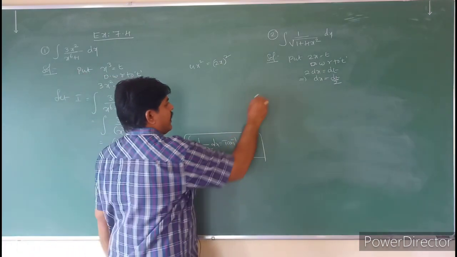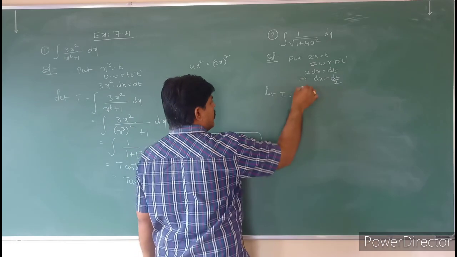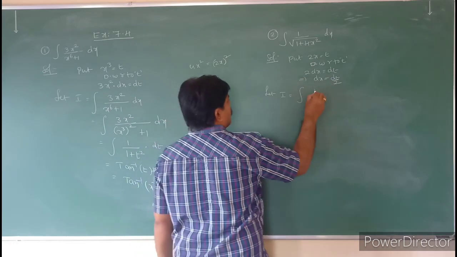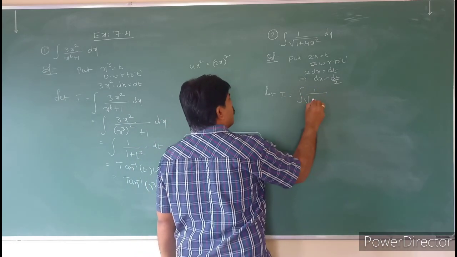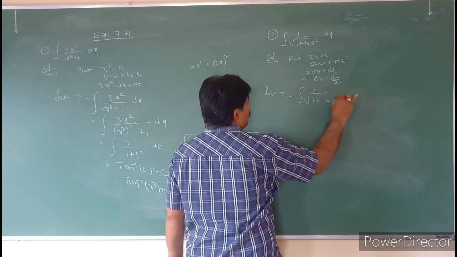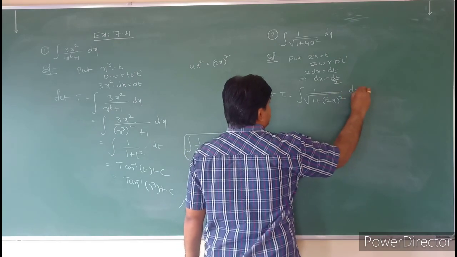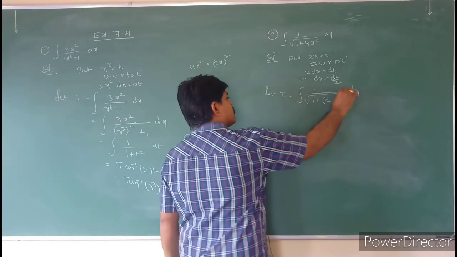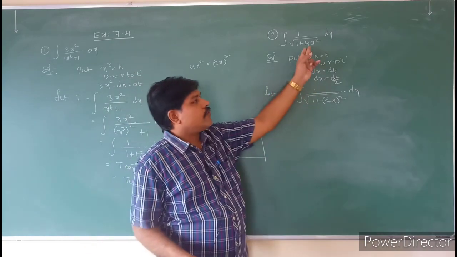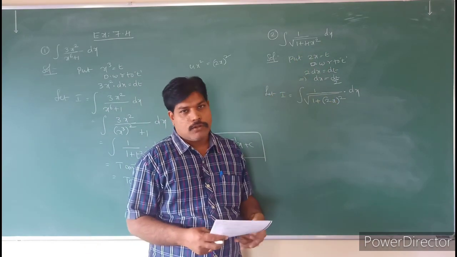So take the problem. Let I is equal to integral 1 by root of 1 plus 4x square, which can be written as 2x whole square, into dx. So see students, this 4x square I have written as 2x whole square.